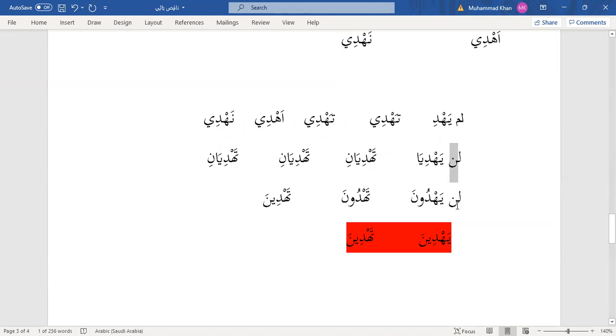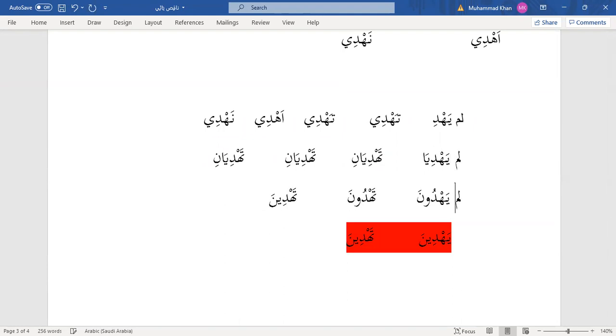So lam here and also lam here. Then the noon gets dropped for all of them. I'm implementing the change to one, which means it is implemented to all. I think we have to return the alif first. Of course, you're right. It looks so empty, right? Now you are getting used to it. Excellent.